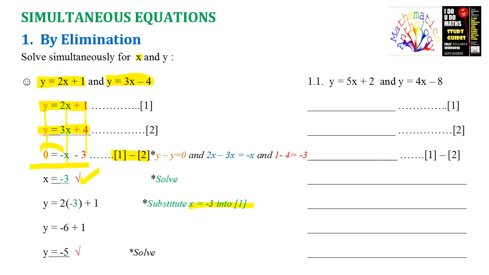Wherever I see x in equation 1, I will put negative 3. So y is equal to 2 times negative 3 plus 1, which is negative 6 plus 1, which is negative 5. So my x answer is negative 3 and my y answer is negative 5.